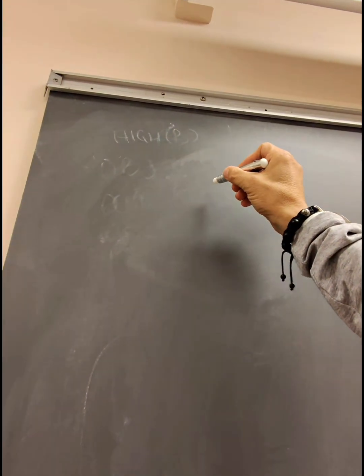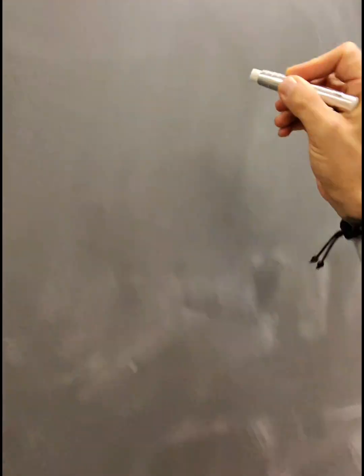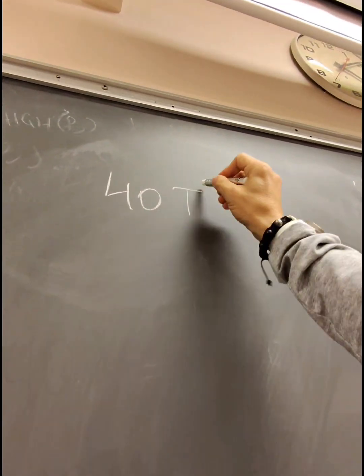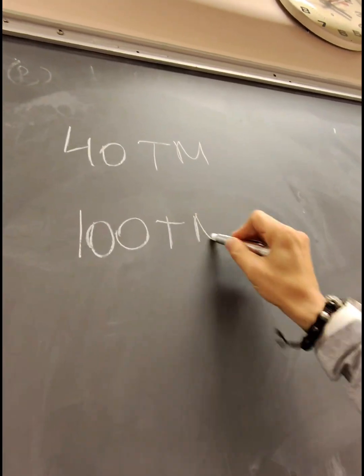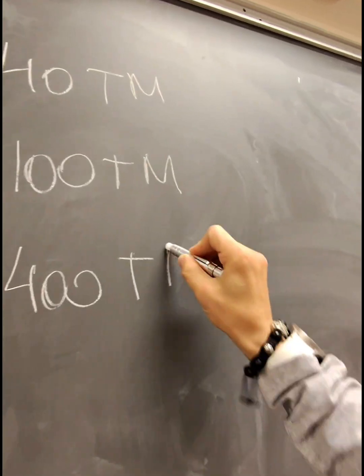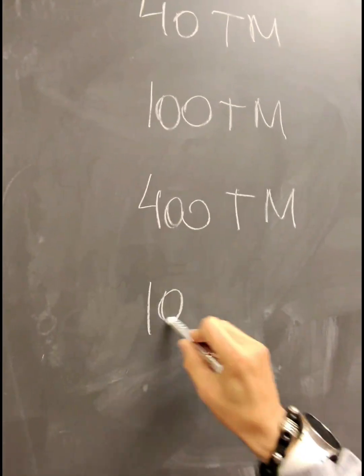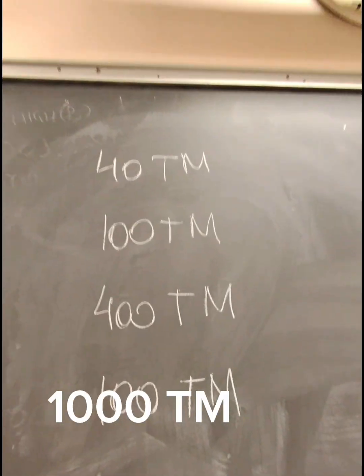So let's say at total magnification 40, then total magnification 100, then we have total magnification 400, and then we have total magnification 100, right?